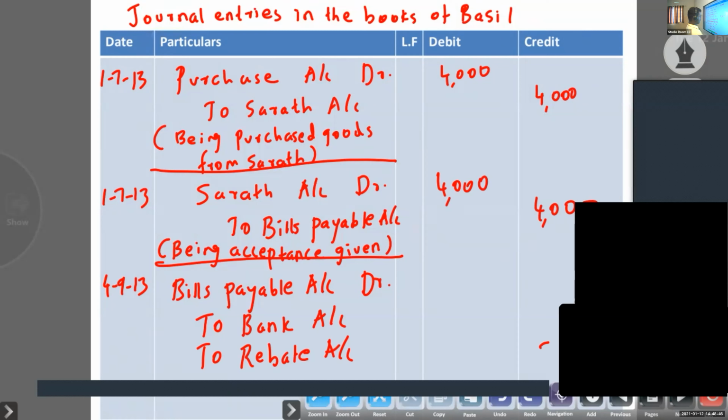Rebate amount 50, so we gave 3,950 through the bank. Total 4,000.